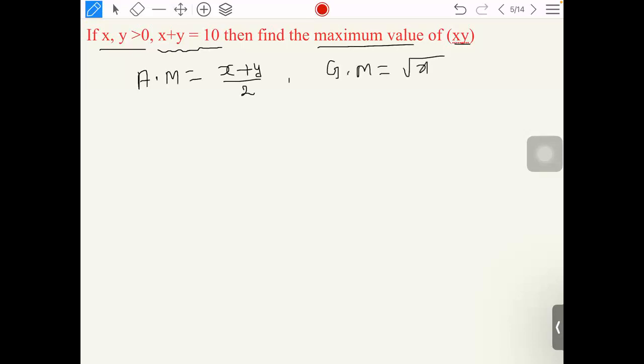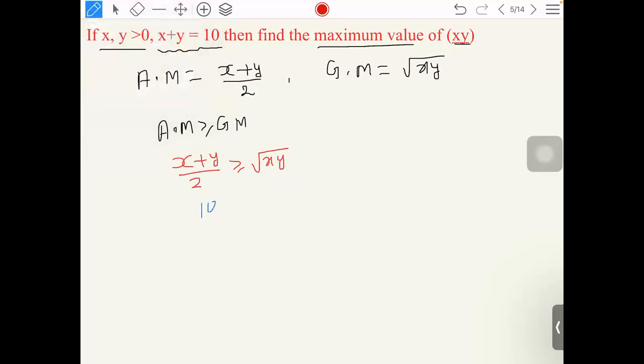root over xy. Since we know that AM is more than or equal to GM, what can we write? x plus y by 2 is more than or equal to root over xy. Since x plus y value is given to us, we can replace it here.